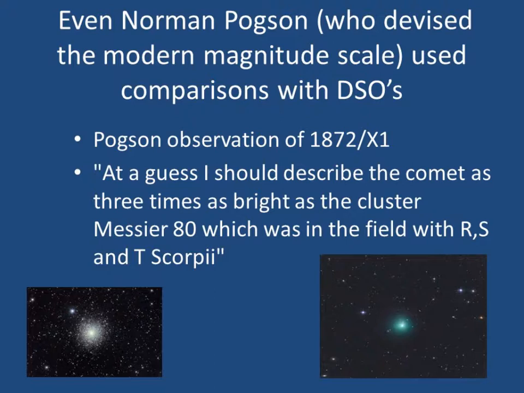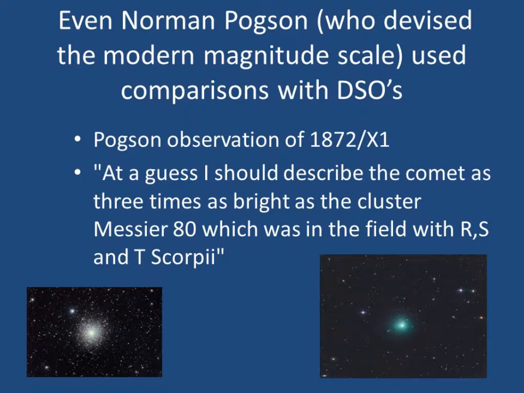So even Pogson, who was very fundamental in this area of magnitudes, didn't use this method of comparing with deep sky objects. Not very meaningful, let's say.